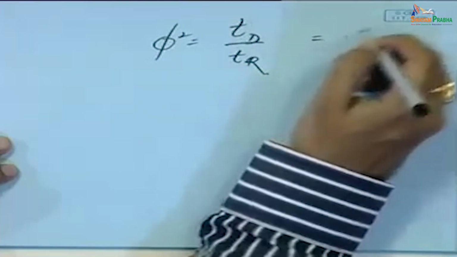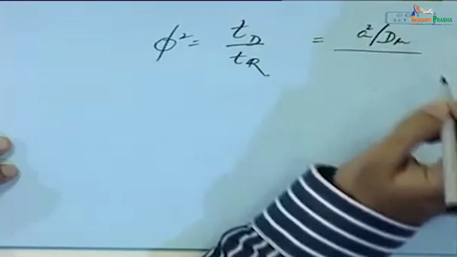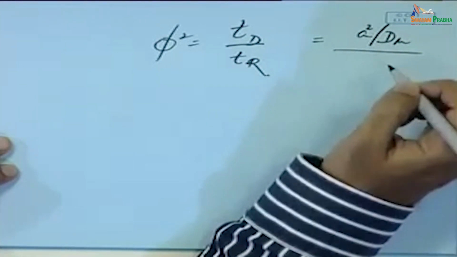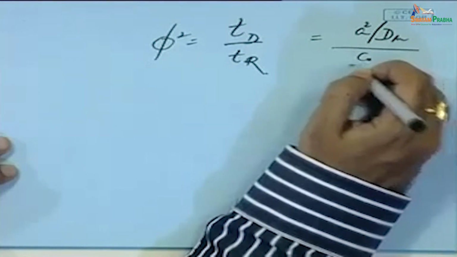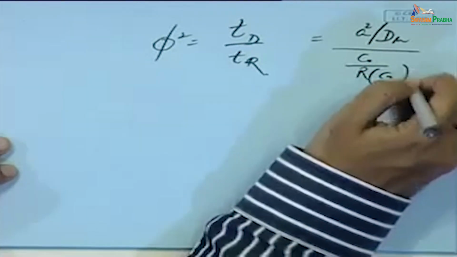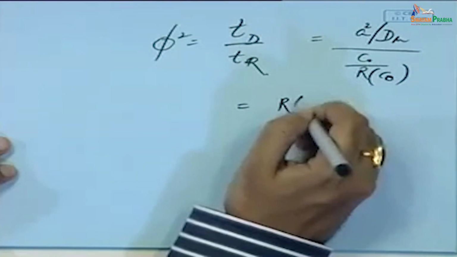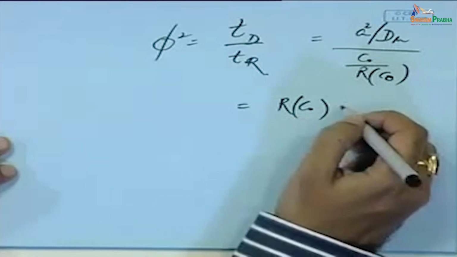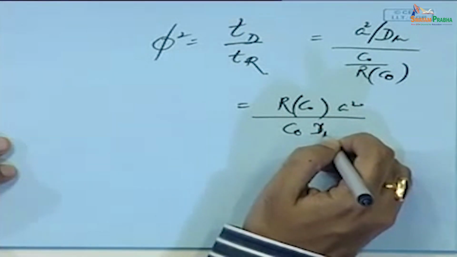Which is A squared over dm, divided by the reaction time. What is the reaction time? C naught over R C naught, right? So this turns out to be R C naught times A squared over C naught dm.